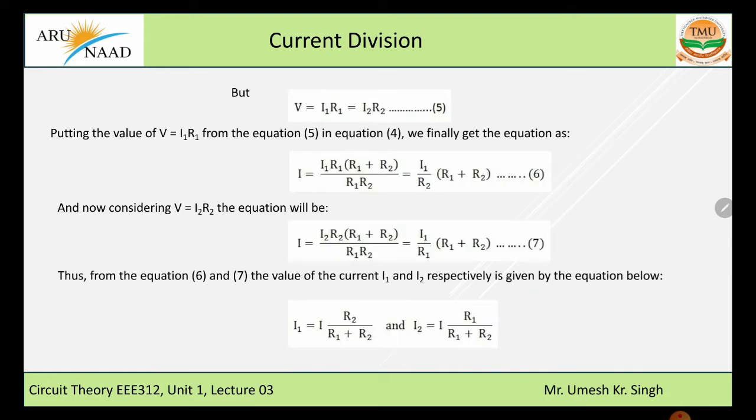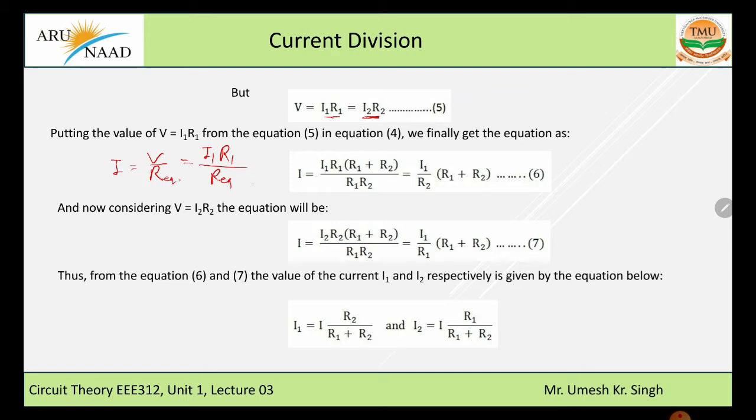Now if you are not given the value of voltage but you are given the value of current, then how do we find the current? A simple way: we know that I is equal to V upon R, and if I want to calculate the current I1, V is equal to I1 R1, where R is nothing but R equivalent.